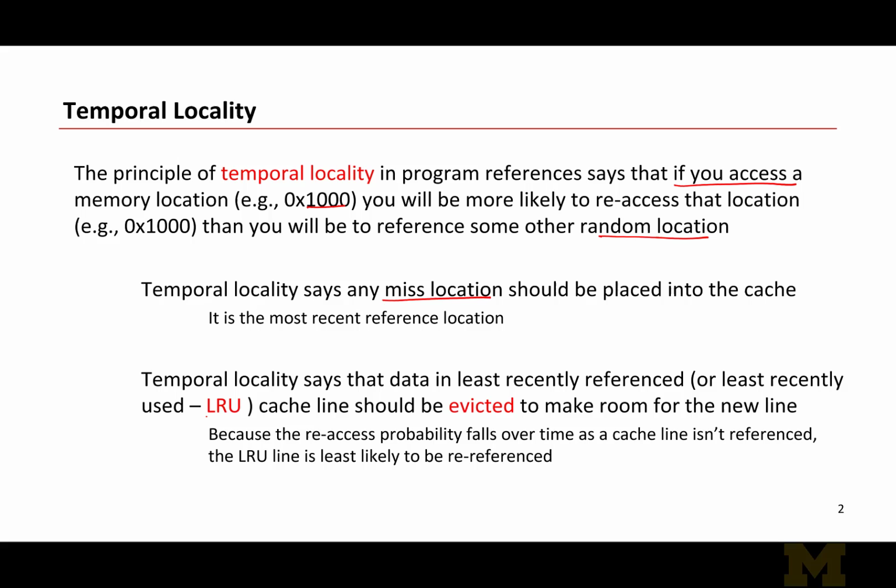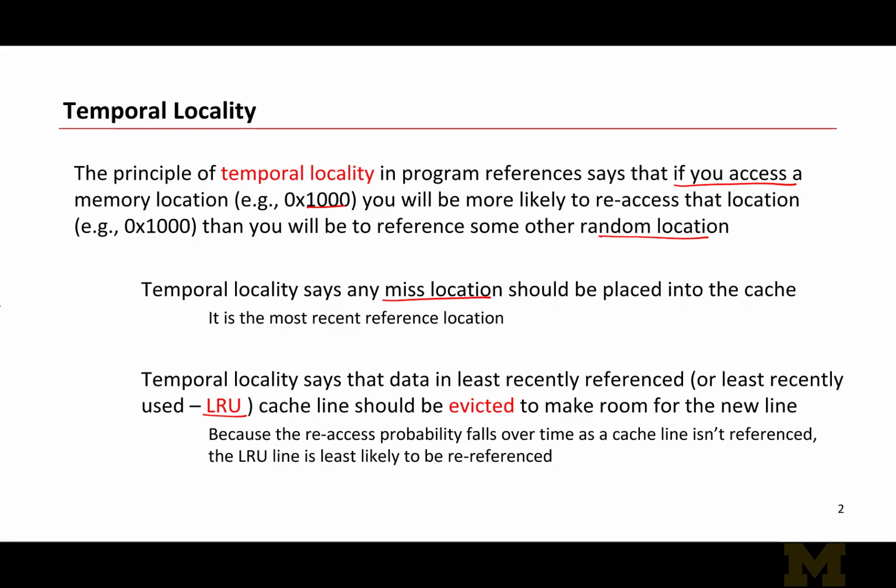And we also talked about the idea of LRU, which is essentially that in order to realize temporal locality, I should design a replacement policy which always picks the least recently referenced or least recently used cache block and evicts that to make space for the new line.